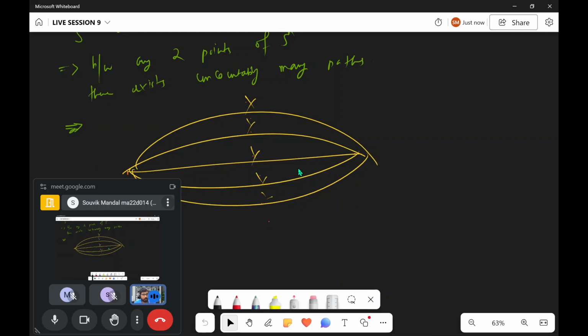So there exists one path which avoids those countable points. That is the argument.